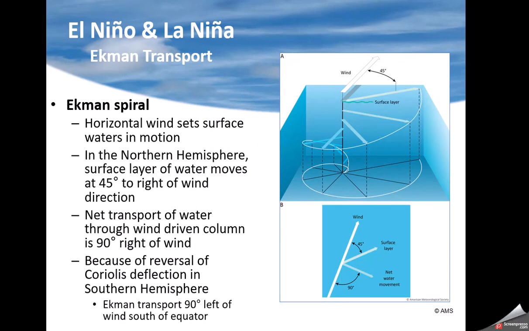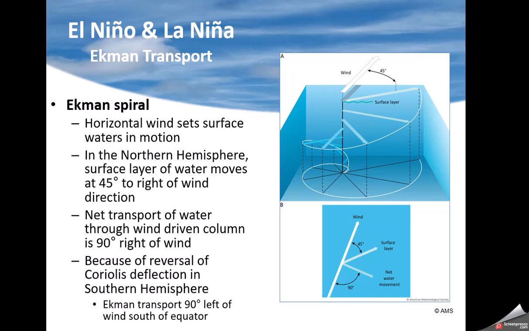Ekman's spiral. This occurs along the coastlines. If you went to the Outer Banks and say you were going to go swimming there, one day the temperature might be 80 degrees. Well, the next day it could be 50 degrees. Why is that? Well, say you have a southwest wind along the coast of the United States. It begins to turn because of the Coriolis effect.